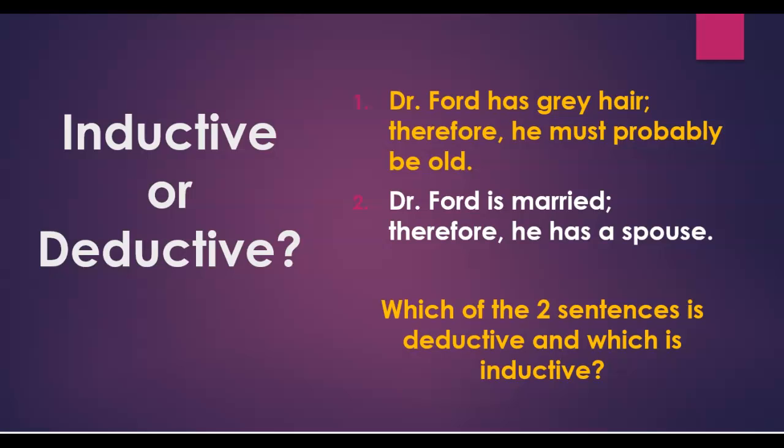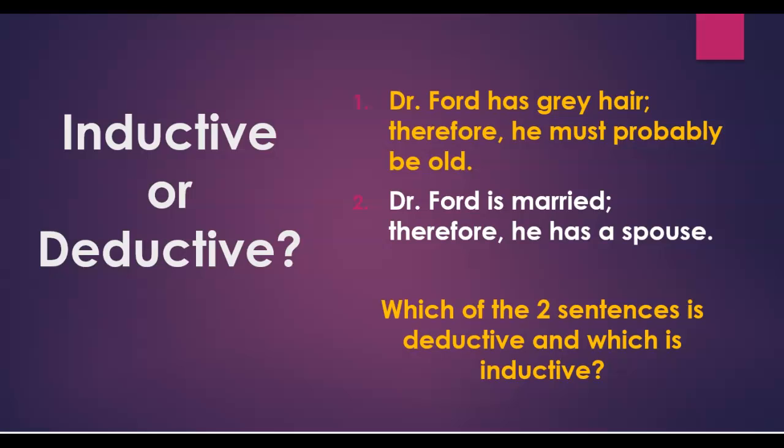Dr. Ford has gray hair, therefore he must be old. Okay, well, I think we can understand that's probably true. But it's not necessarily 100% true. Why? Because some young men, some young ladies, they get gray hair prematurely. So therefore, it's not 100% provable, but it's most likely true. Probably true. We would call this then an inductive argument.